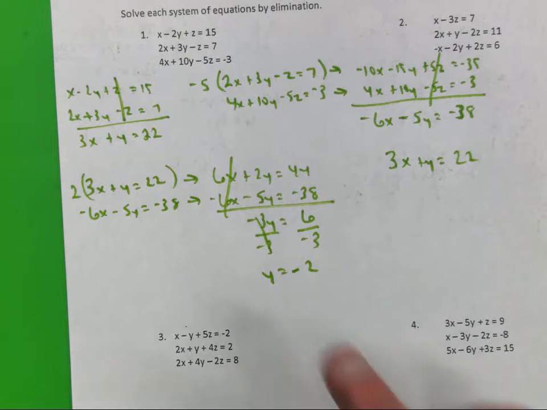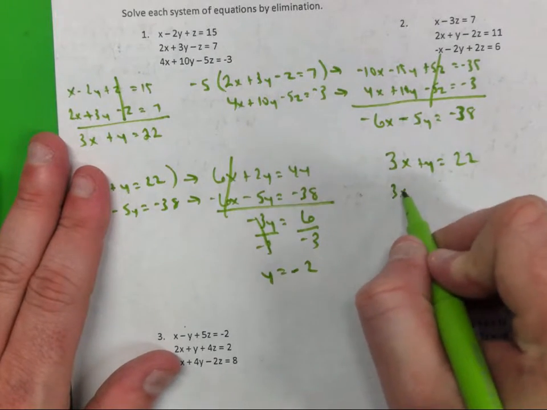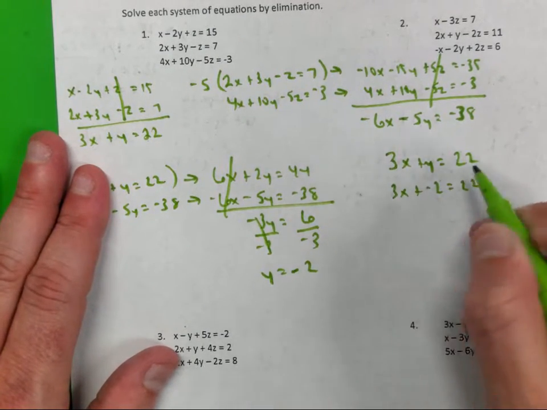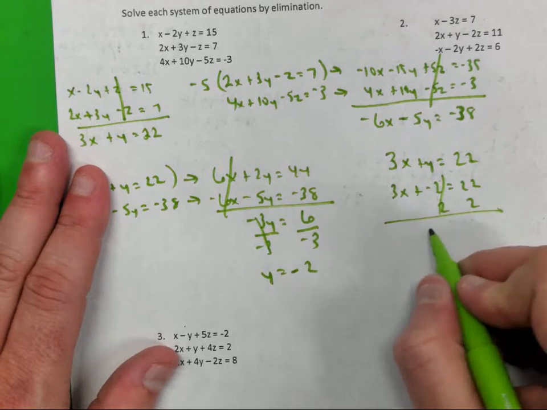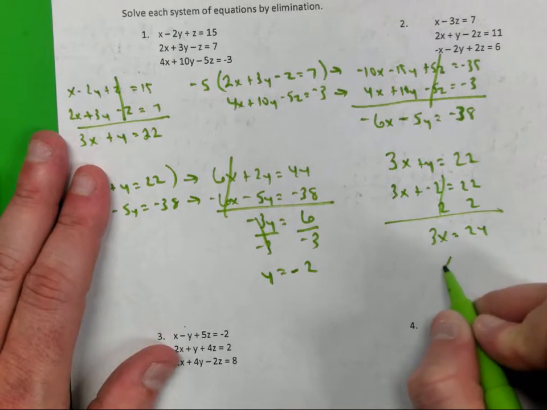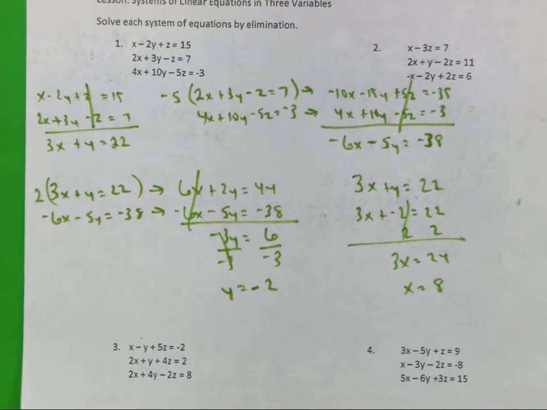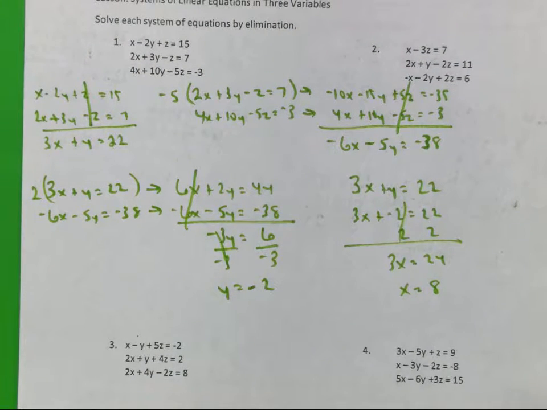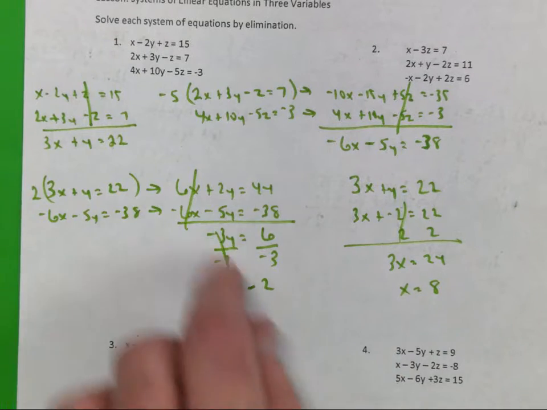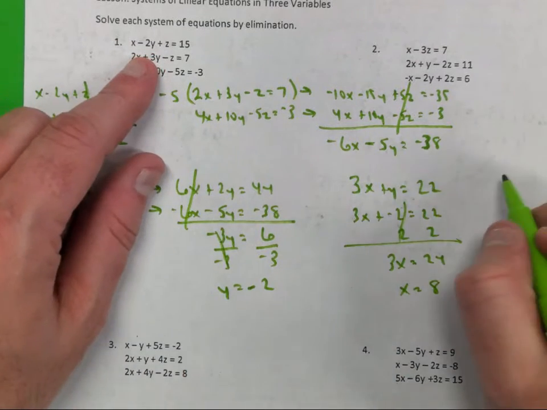Alright, now I'm going to plug negative 2 in for y. 3x plus negative 2 equals 22. Move that over. 3x equals 24. x equals 8. Now that I know my x and my y, I'm going to go to my top equation.